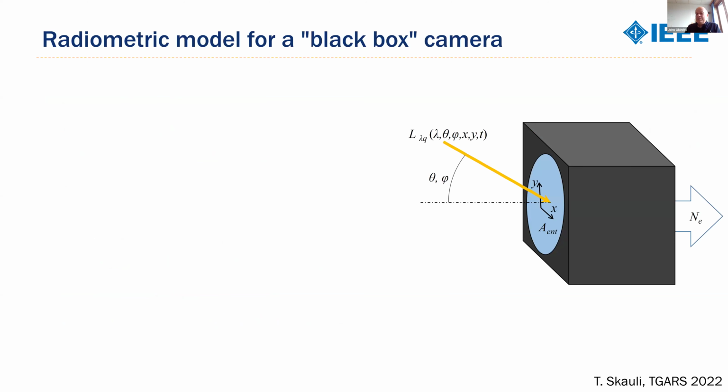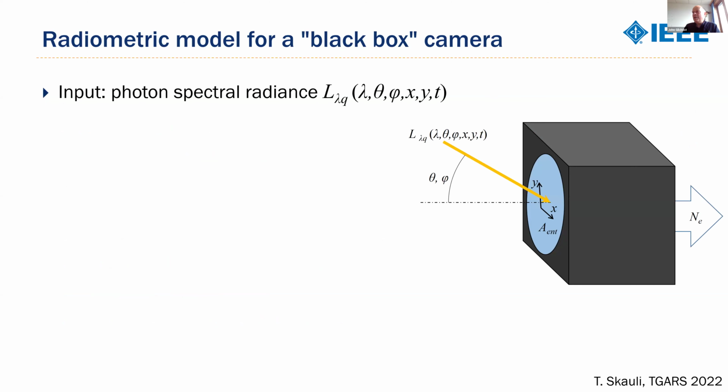So here is just a little taste of what is the theory then for a black box camera. Gets a little bit esoteric here, but the signal is a spectral radiance, which depends on angle of arrival and on wavelength. And it, in principle, also depends on where in the entrance aperture it arrives, and it may vary with time. So this is our input, and our output is, in our thinking, a photoelectron count.